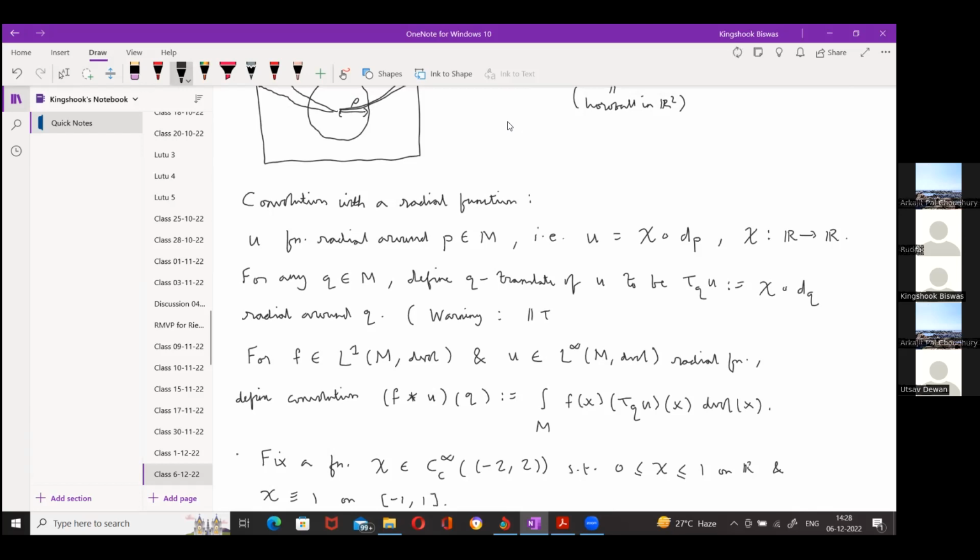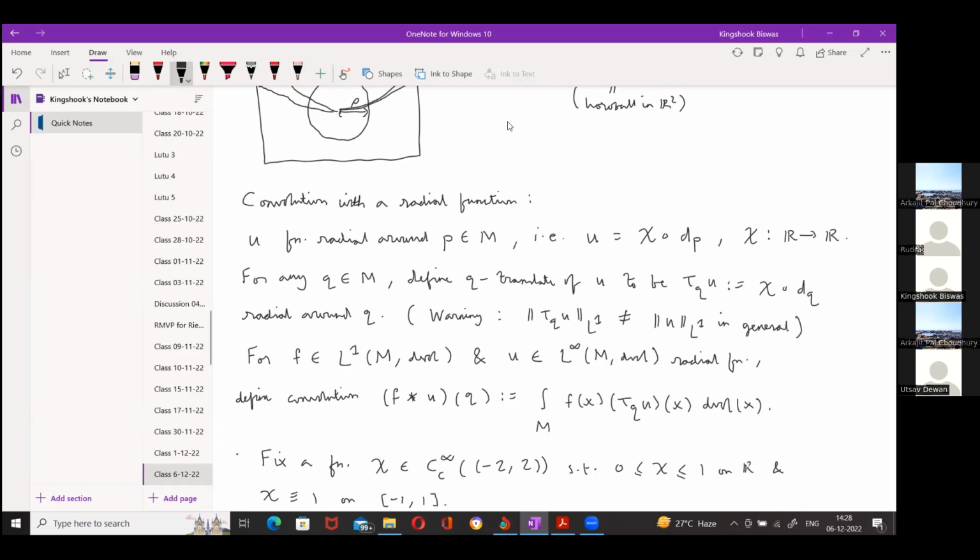So the L1 norm of tau_q u is not equal to the L1 norm of u in general.